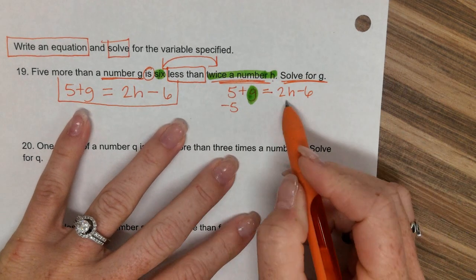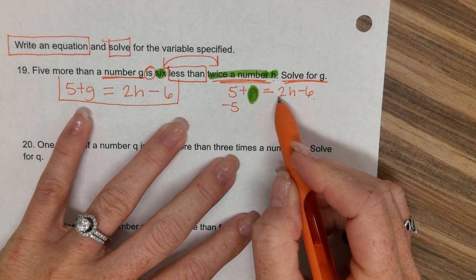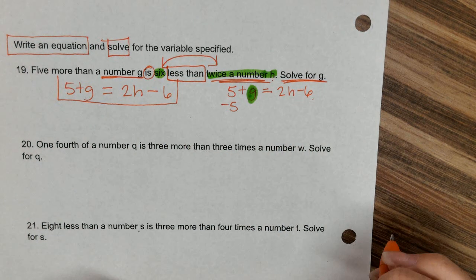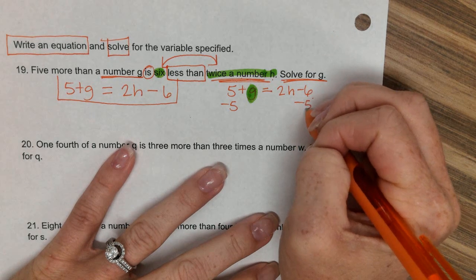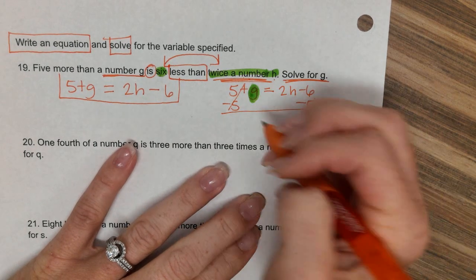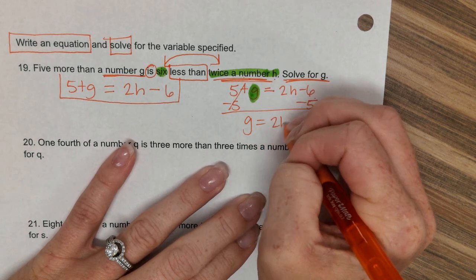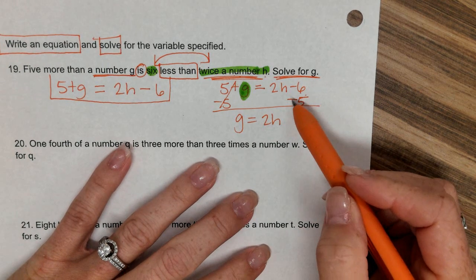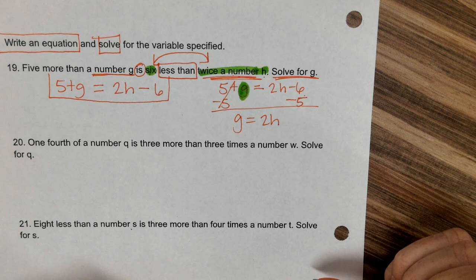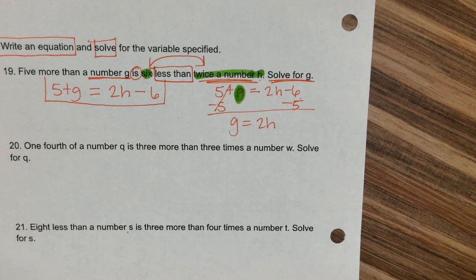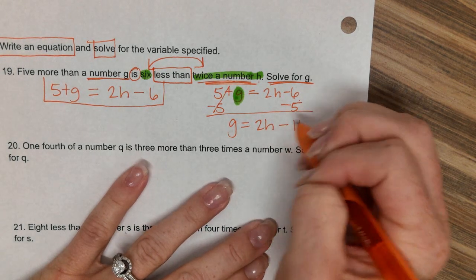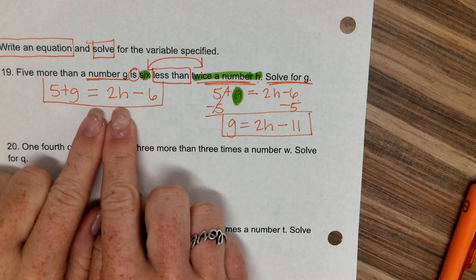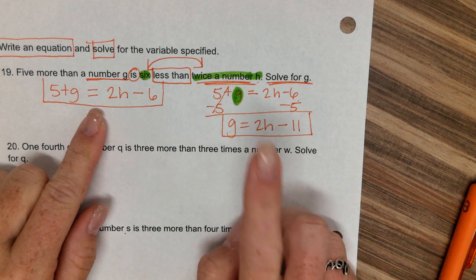Now stop and look over here. Is there something that can be combined with 5, or do I need to stick it out to the side? This 6, so minus 5. I'm going to put them right together, and I'm going to say g equals 2h, and then I'm going to combine these. What is negative 6 minus 5? So I could put plus negative 11, or I could put minus 11. So here's my equation. Here is my answer solved for g.